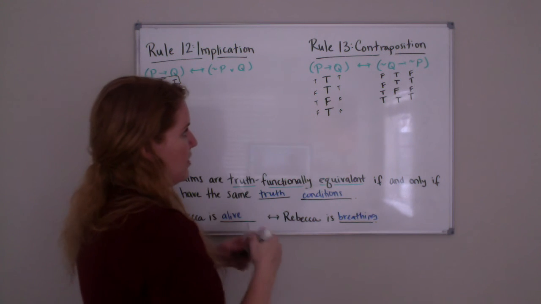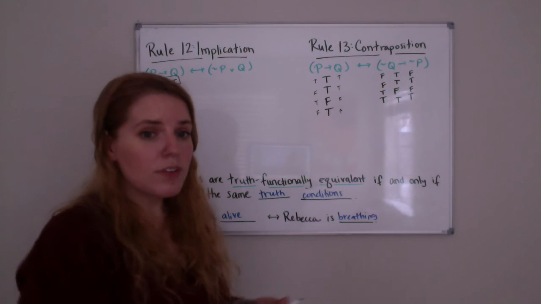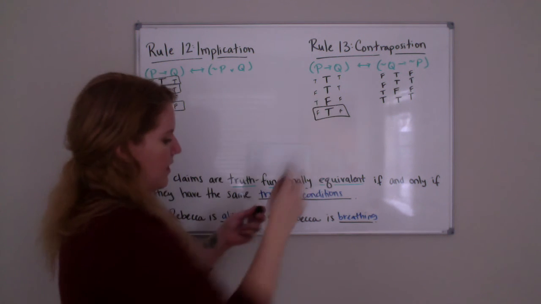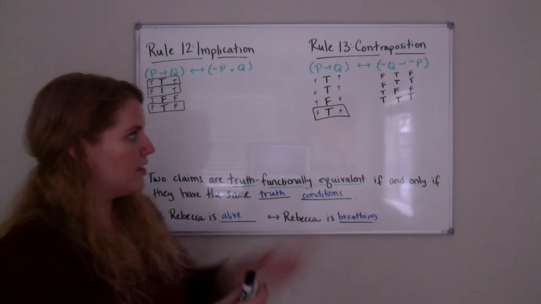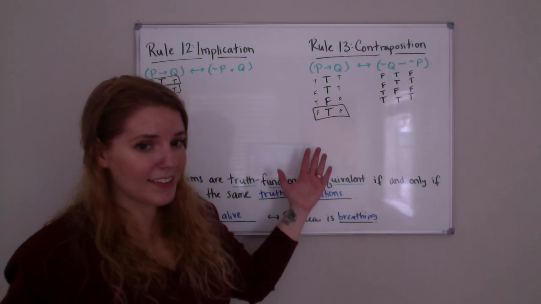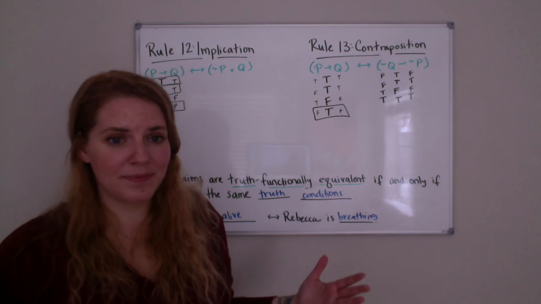If you don't have Q, then you don't have P. There's only one row on the truth table in which the conditional is true and the consequent is false, and that's when they're both false. So we can see in a number of ways why contraposition is a valid deduction.